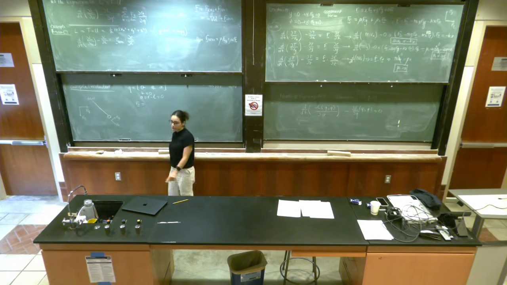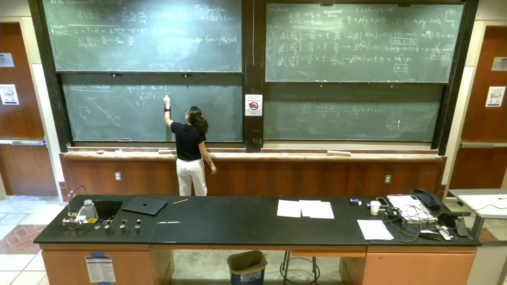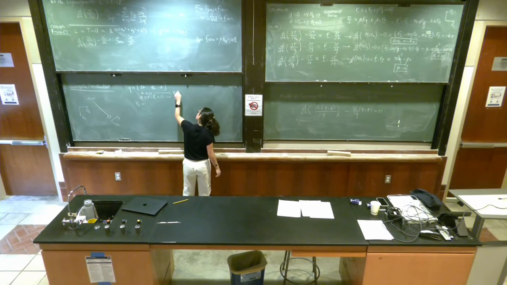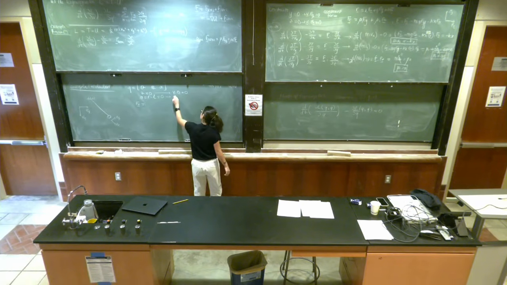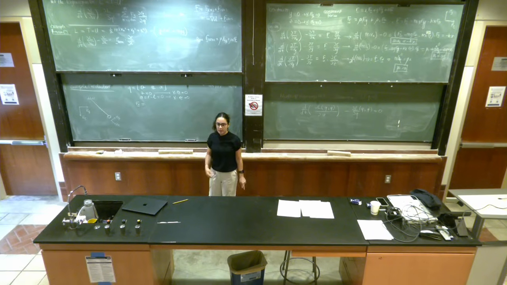Okay, any questions with this? Constraint forces are, this constraint I can write as v dot ez is equal to 0. This constraint I can write as v dot er is equal to 0. That's r dot equal to 0, that's v dot equal to 0.